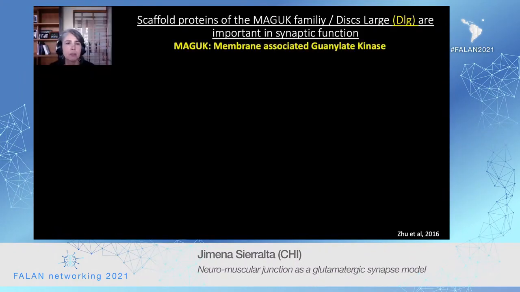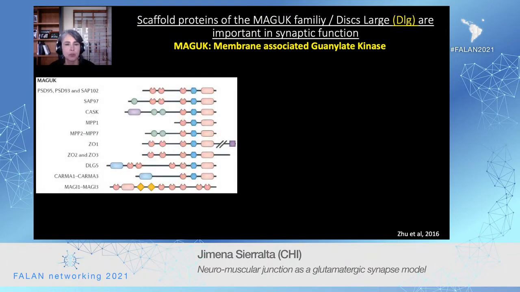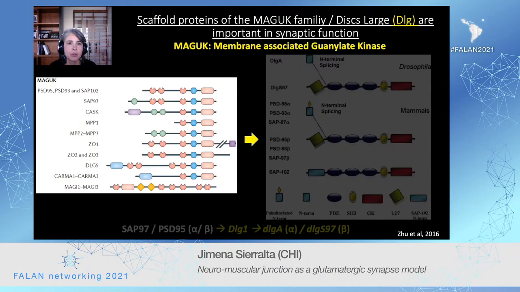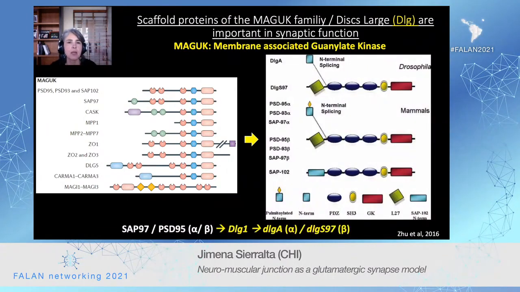Scaffold proteins of the MAGUK DLG family are very important in synaptic function, and they are known to produce clustering of receptors, mainly in mammals. The best known protein is PSD95, which binds to NMDA receptors and produces the clustering of these receptors in glutamatergic synapses.